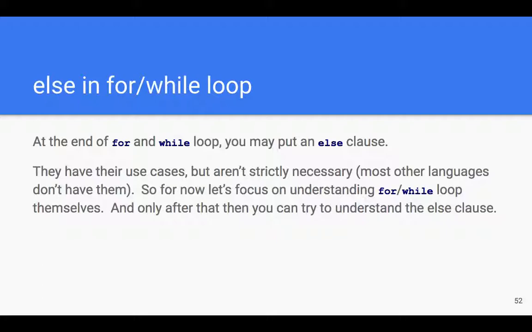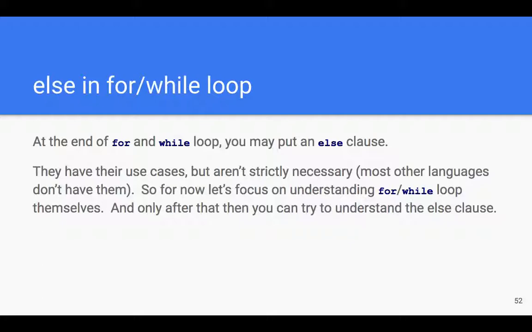Now, there's actually one more loop control that is special to Python. For the for loop and the while loop, you can actually have an else clause after them. It is not as intuitive as the else in the if-else case.